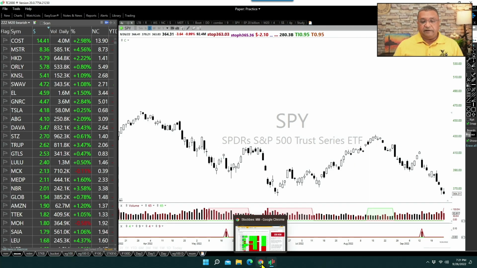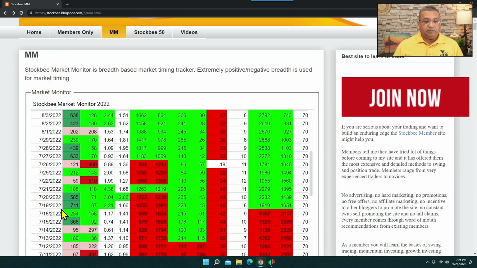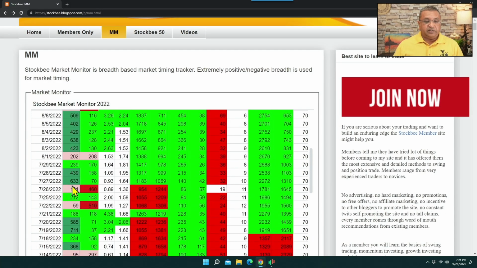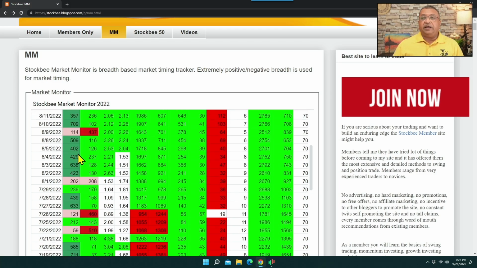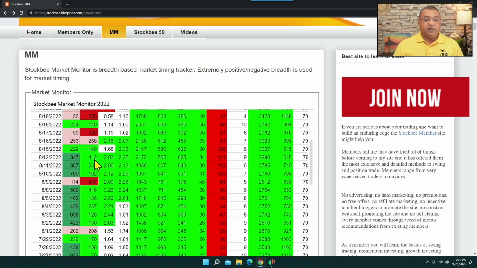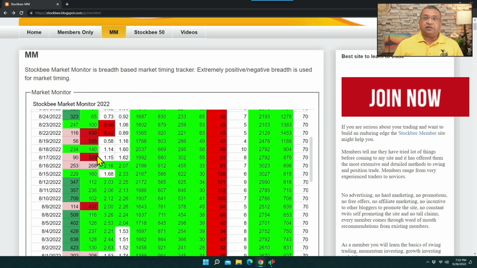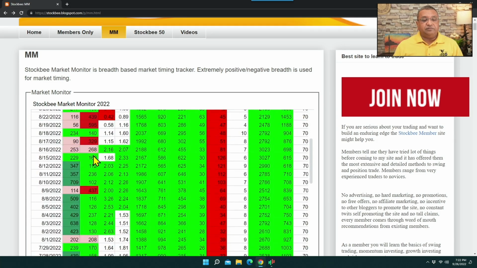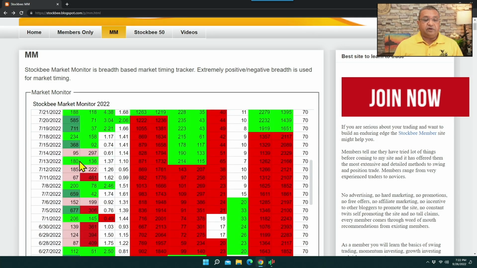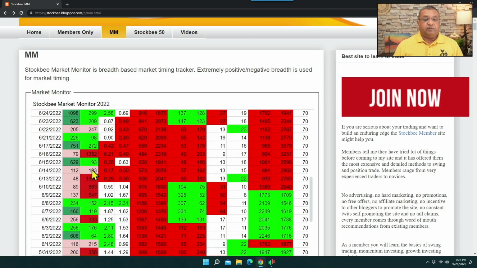You can see the underlying buying during that period: 7:27 was 633, then 439, and continuously any day which is above 300 positive is dark green. That tells you that there is above average buying. Similarly, any day when there are more than 300 stocks down 4%, it tells you that there is above average selling. So these tools allow you to figure out when to be aggressive and when to be on the sideline.